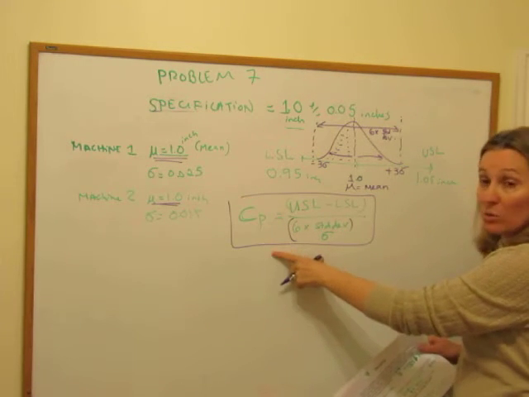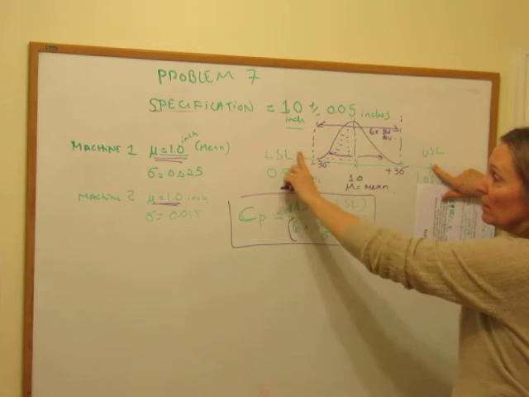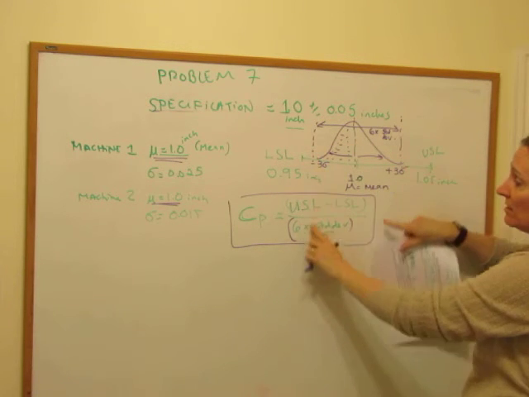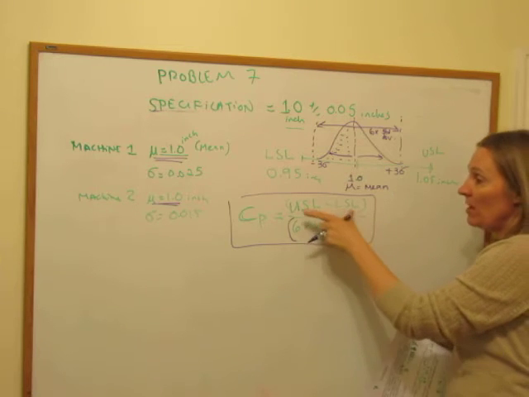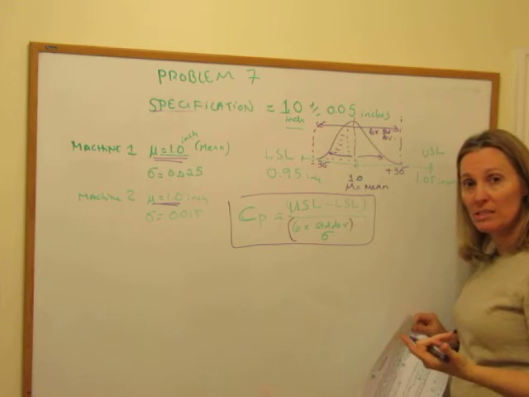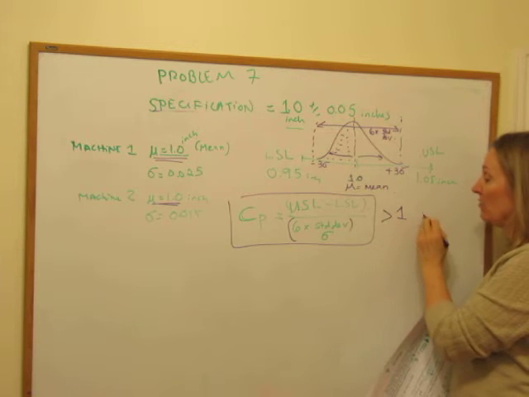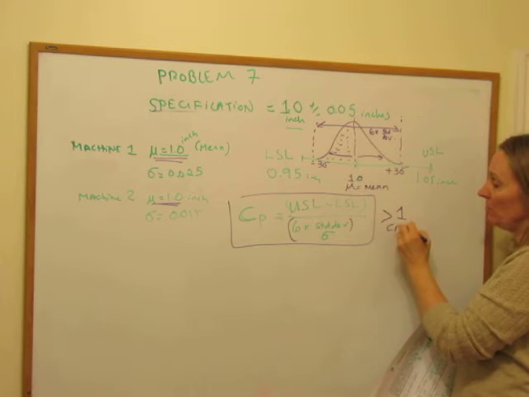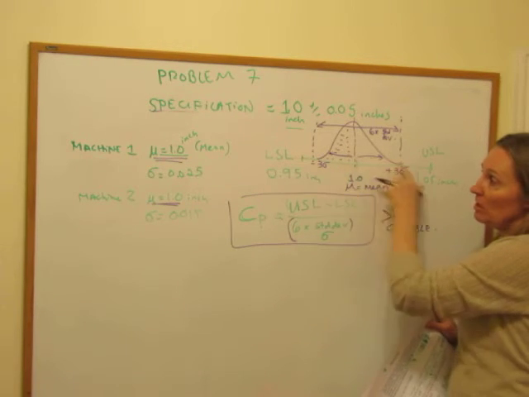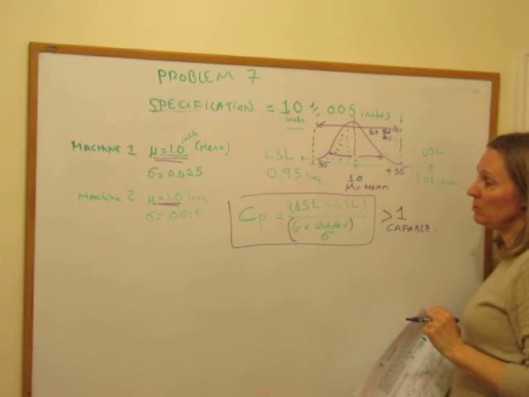And so what this equation is saying is if the specification limit, the numerator, is bigger than the normal variation in the process, which is the denominator, then the numerator is bigger than the denominator. What kind of ratio is this? That's going to be greater than 1. And a Cp greater than 1 is therefore capable. It's capable because the specification is bigger than the product process distribution.